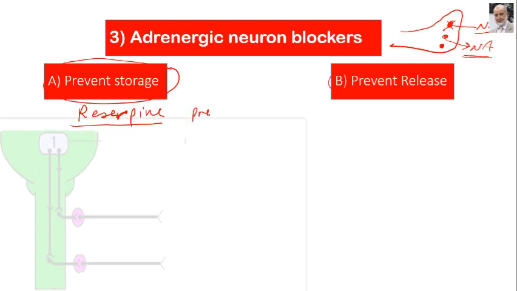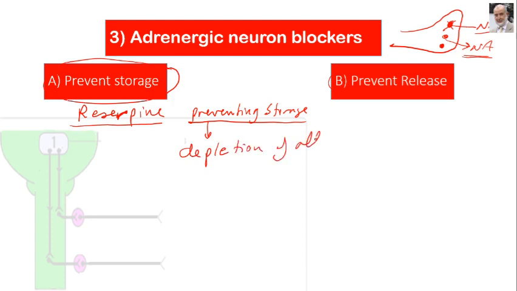By preventing storage, what will happen? There is depletion of all monoamines, not only noradrenaline, all monoamines.